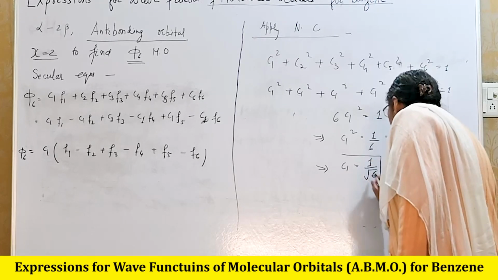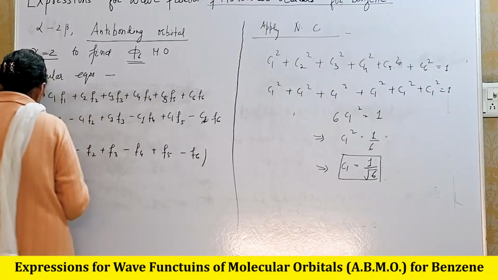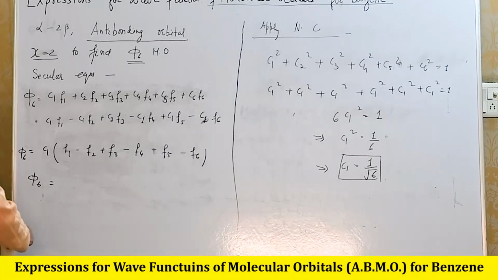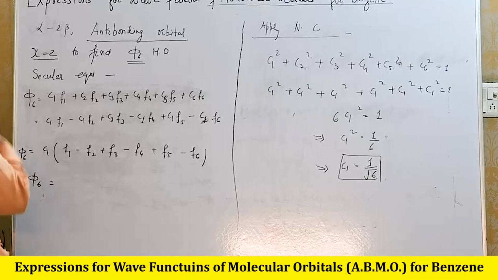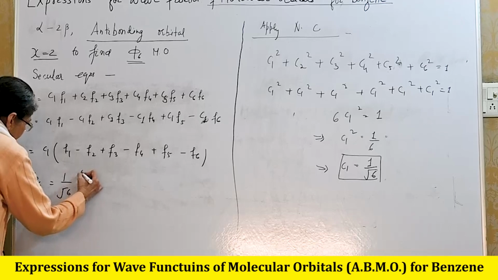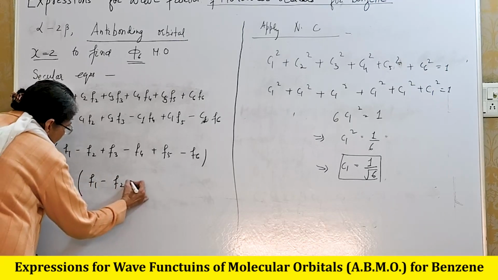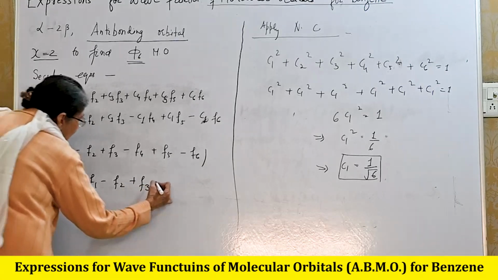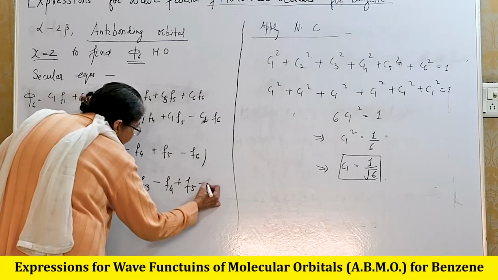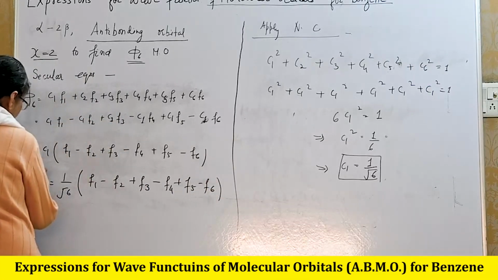Here we got the value of C1 and we will put here that phi 6 is equal to 1 by root 6 times F1 minus F2 plus F3 minus F4 plus F5 minus F6, and this is phi 6.